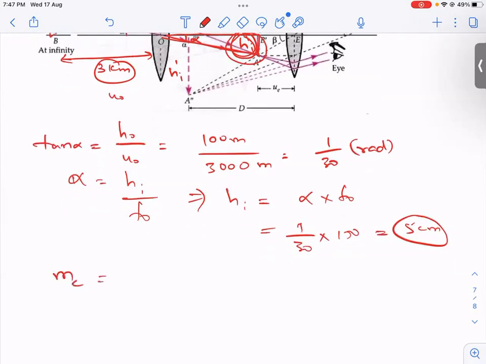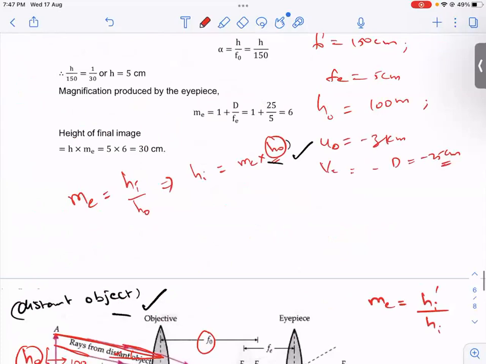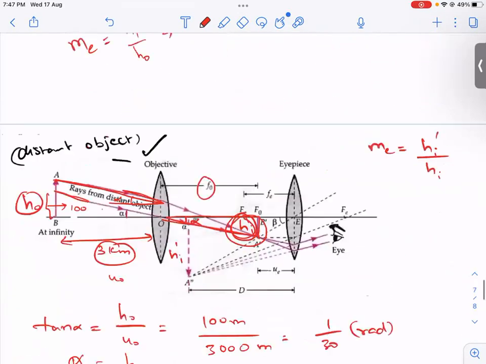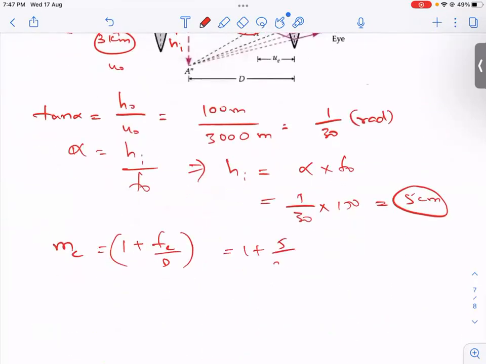And we know that the magnification produced due to the eyepiece is 1 plus f_e divided by D. So 1 plus focal length of the eyepiece, 5, divided by 25. Wait.